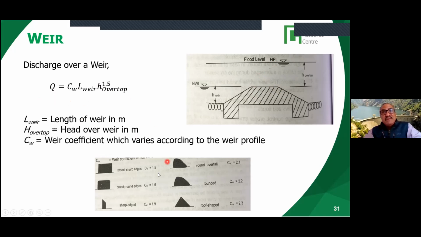Based on that, you know what the height of the water above the crest level will be when there is flow in the river and you create an obstruction. This is a very simple formula, but very useful in weir design.